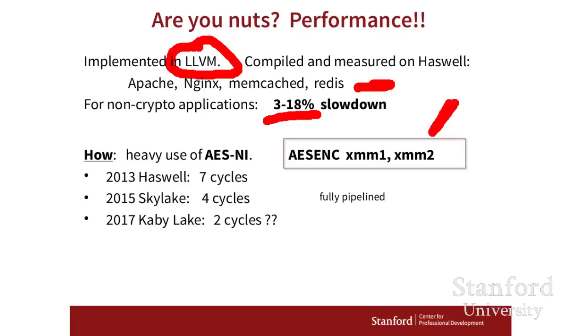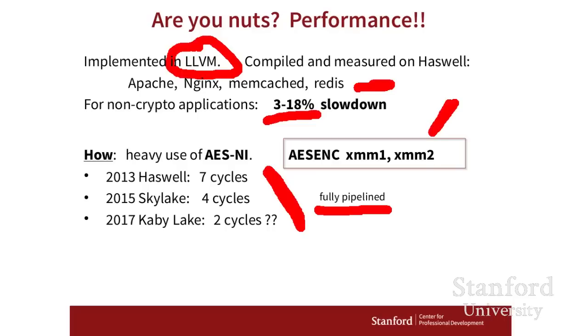Over the years, Intel has made AES even faster, as this has been such a successful project for them. The faster it gets, the lower the overhead for our system. Moreover, they made these AES evaluations fully pipelined, so the throughput is almost one cycle per AES round.